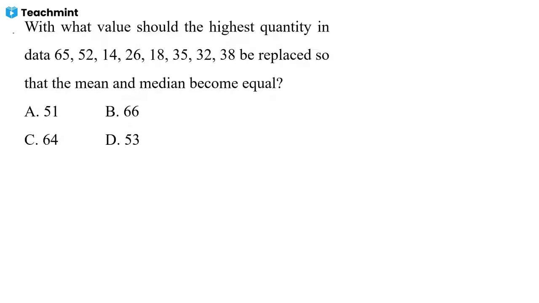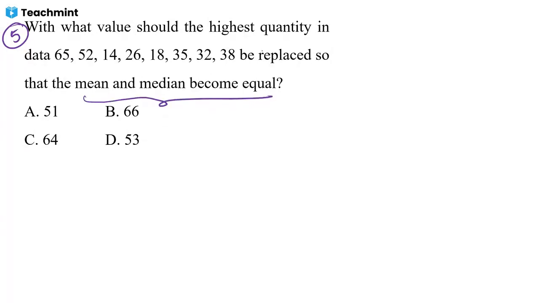Now, mean, median, mode. In statistics we discussed, and a recorded video is also shared for you. If anyone missed, you can go through that video. Now let's see about this situation. You want to make mean and median equal.